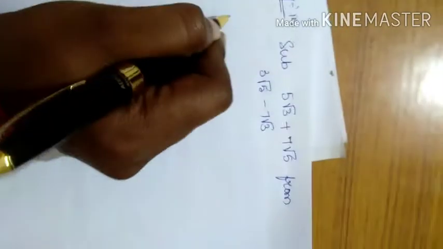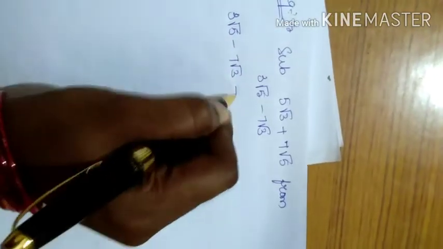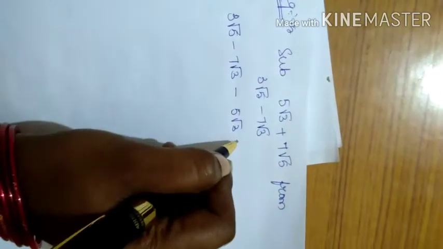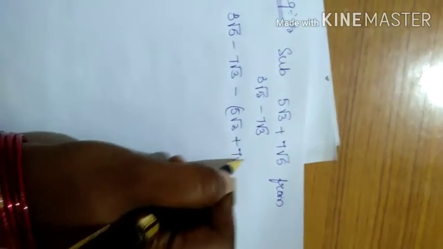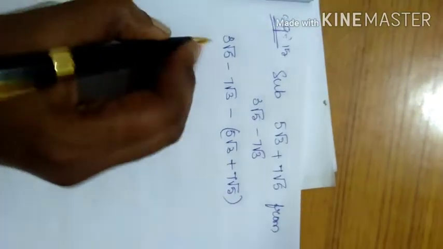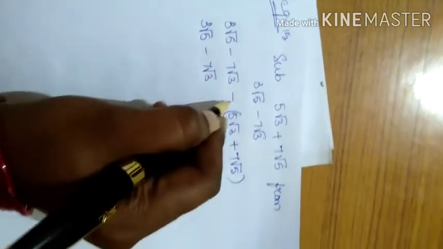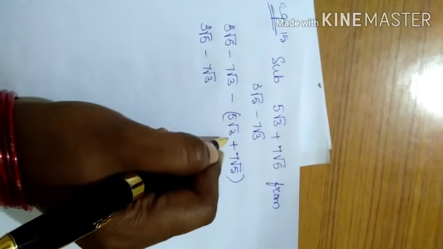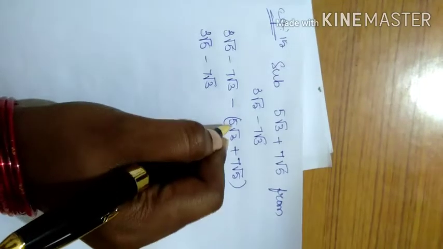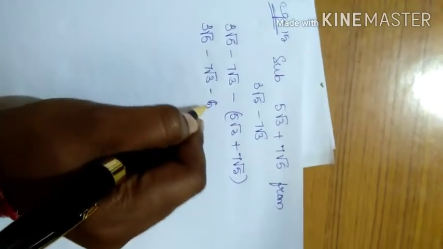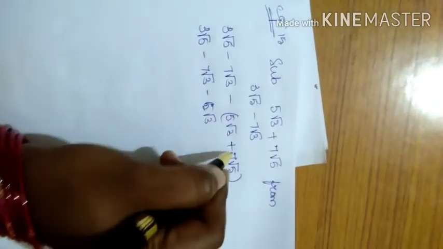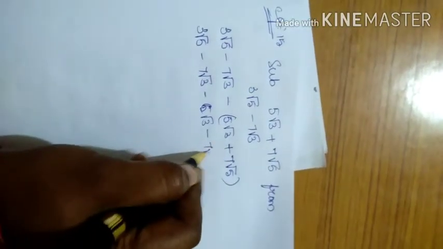Write down 3 root 5 minus 7 root 3 minus 5 root 3 plus 7 root 5. Clear? Here you have to multiply the minus into the brackets. Minus into plus is minus 5 root 3, and minus into plus is minus 7 root 5.